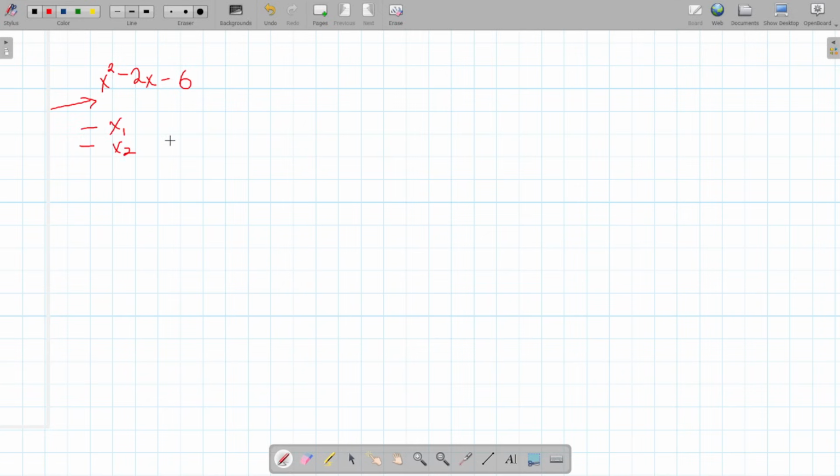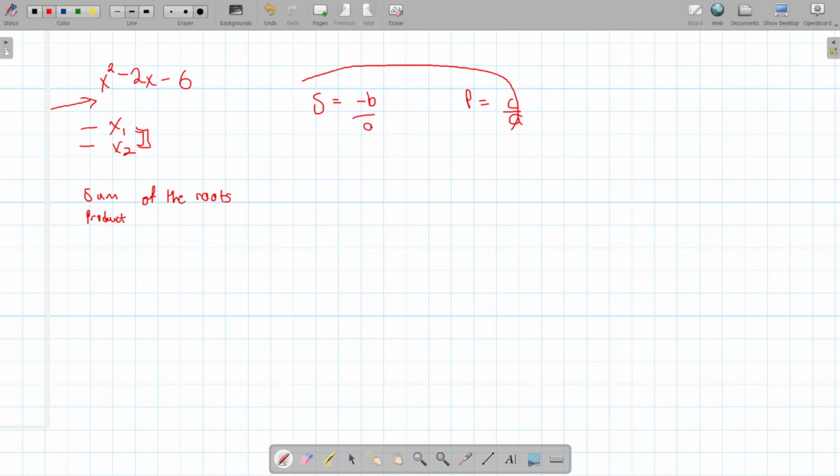What they ask in algebra is: what is the sum and what is the product of the roots? Instead of finding both roots and adding, and multiplying to find the product, you have a formula. The sum is minus b over a, and the product is c over a.